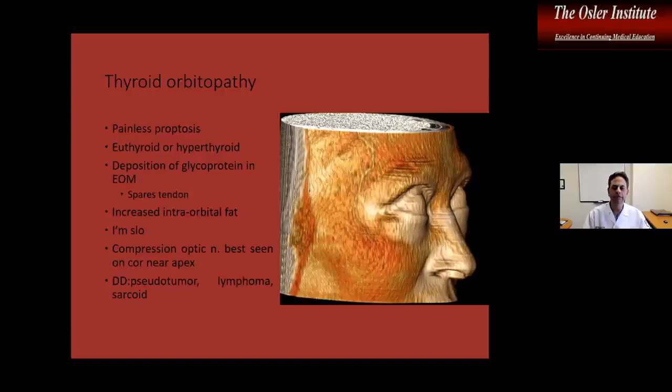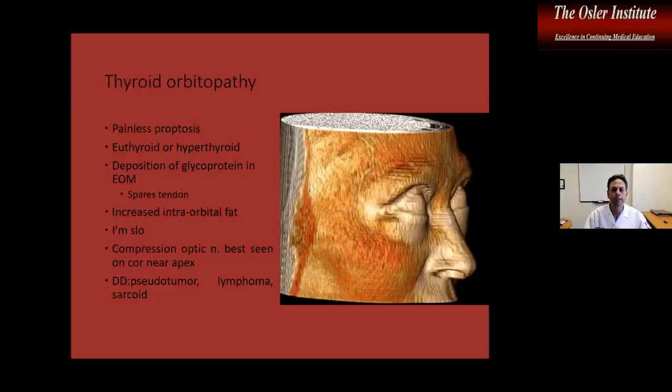So you'll only have proptosis and eyelid retraction, or you can have the inflammatory kind, where your extraocular muscles are involved more, and you have a lot of inflammation, extraocular muscle restriction, and those are the patients that are at high risk of optic nerve compression.